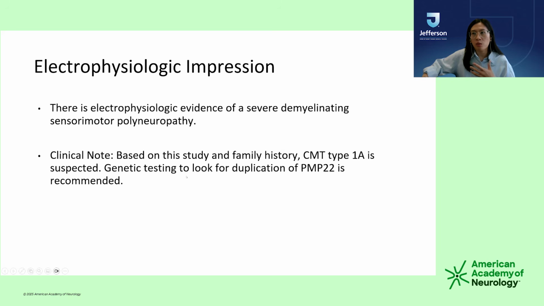But also, what was important to note is his history, right? He's had symptoms for decades and also has multiple family members that are involved. That should really make you think that this could possibly be an inherited polyneuropathy. So based on that and the study, CMT type 1A was suspected, and he did actually have genetic testing for that, which came back positive.